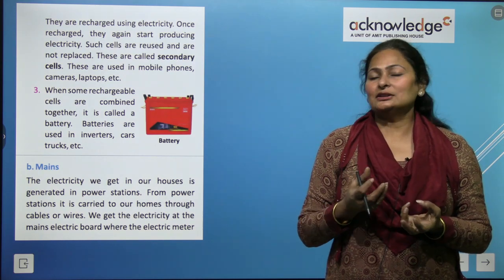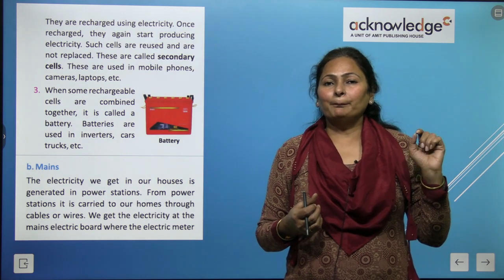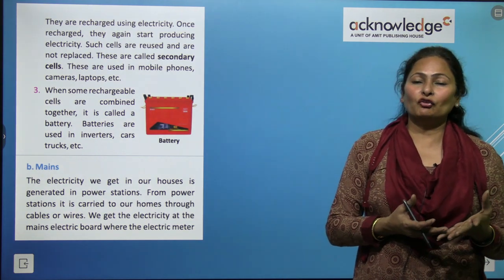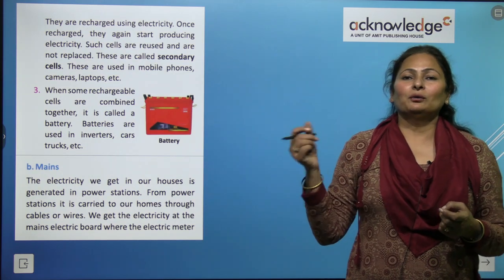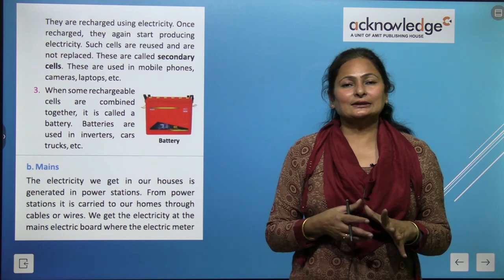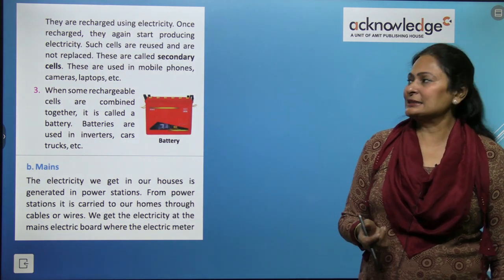When the battery is low, you'll see a pop-up message saying the battery is getting drained in your phone. And what do you do? You immediately put the phone on charging, it gets charged, and again it is ready to provide electricity.